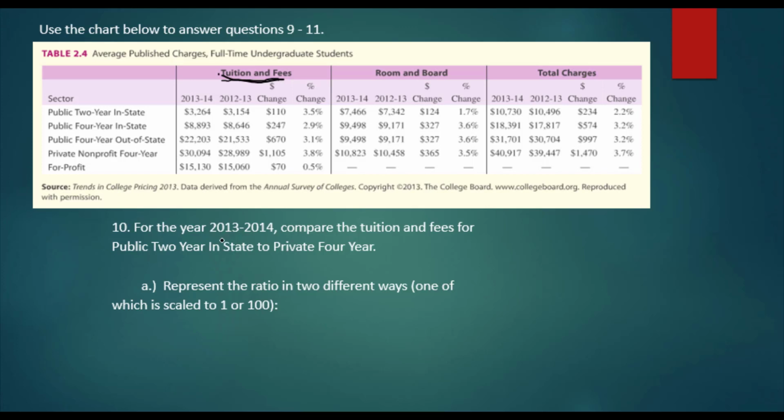So now we're going to compare tuition and fees for a public 2-year, which is right here, to a private 4-year, which we're using this one.